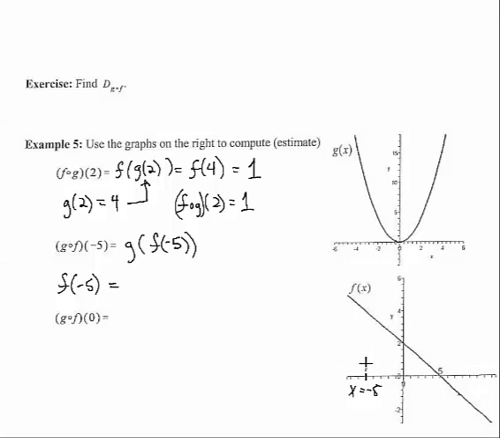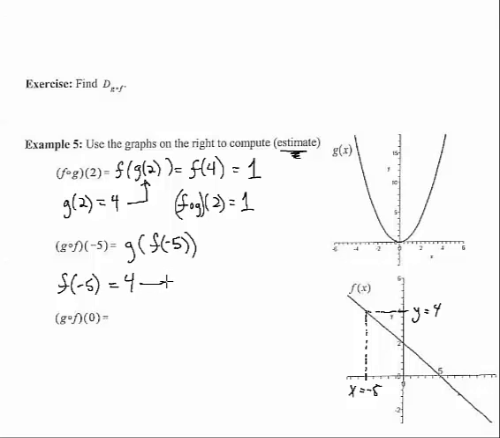We trace our way vertically till we hit f of x, and then we work our way to the right until we hit the y-axis, and it looks like we hit y equals 4 exactly. And I am just going to go with y equals 4. It said estimate anyway, so 4 is good enough.